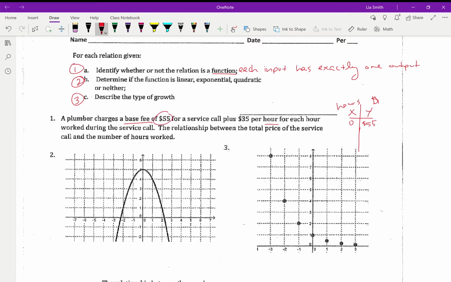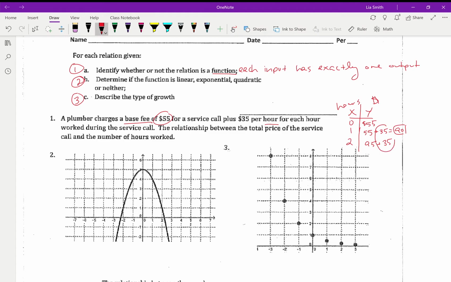That's the base fee. After 1 hour of work, it's going to be that $55 plus $35. If you go for 2 hours, you would take that 55 plus 35, which would equal $90. And then you would add another 35 to it.